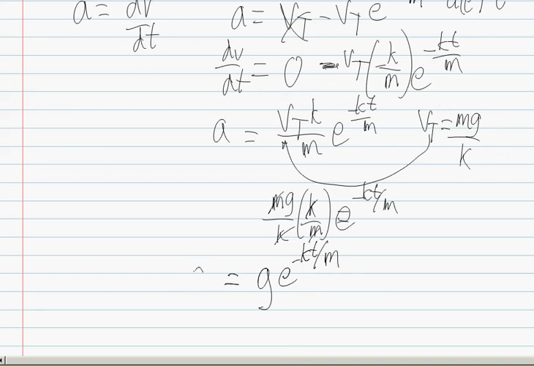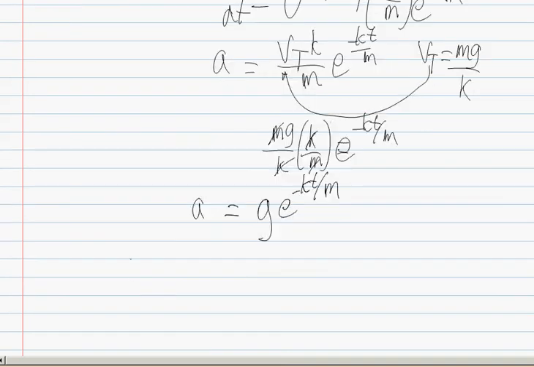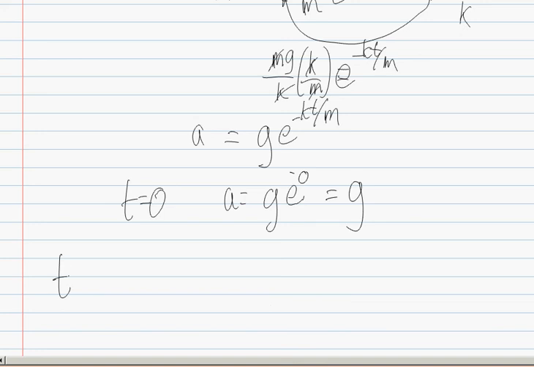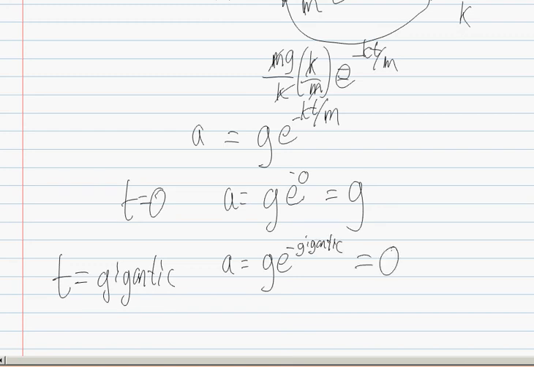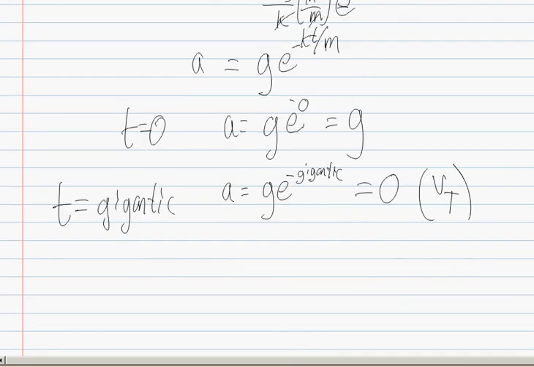And that works out nicely too, because at t equals 0, a is going to be g times e to the 0, which is just g. That's what we wanted. And if t is gigantic, then a is going to equal g times e to the negative giant number, which is going to be 0. Again, we're going to have terminal velocity. So that actually matches.